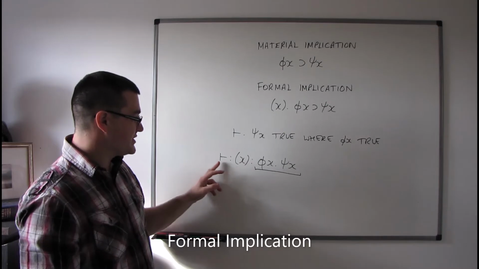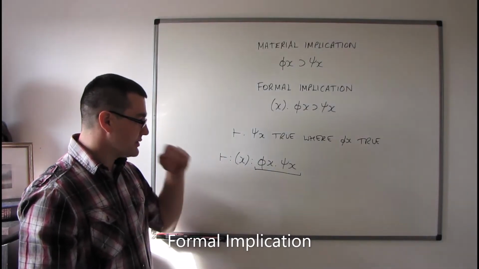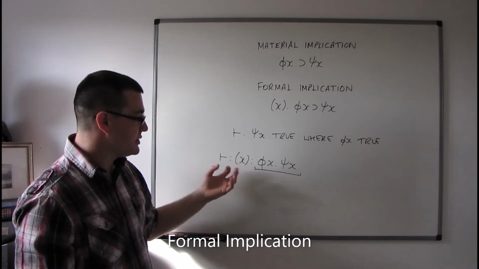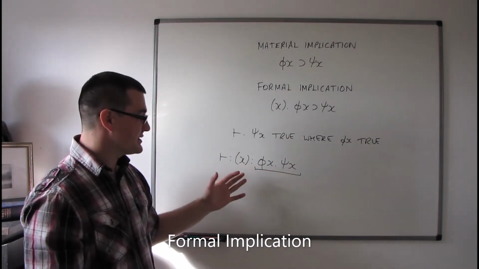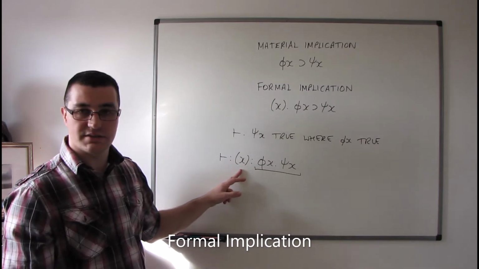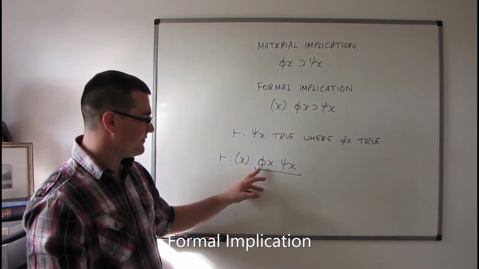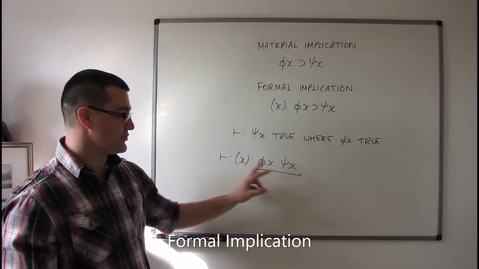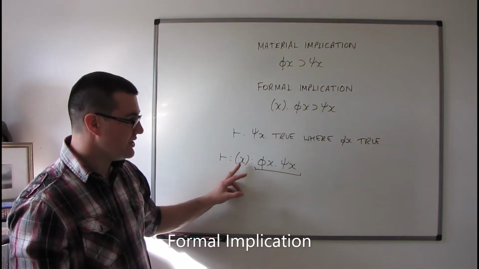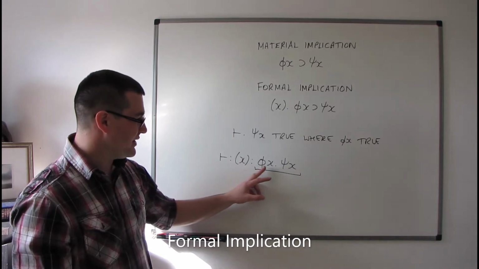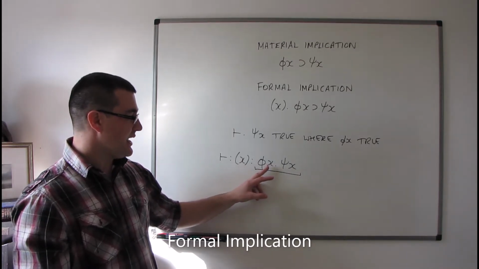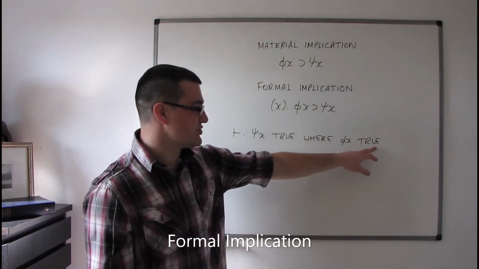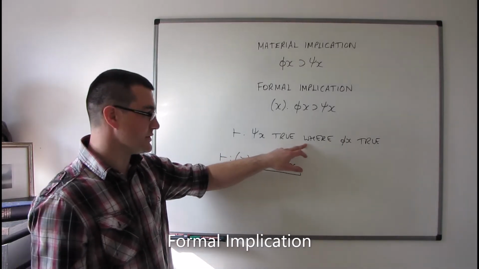Well, for this to be true, what I would have to say is that all values of phi x and psi x are true always. That means that phi x has to be true and psi x has to be true. But if phi x is true on the whole of the type, then this restriction would effectively be superfluous.